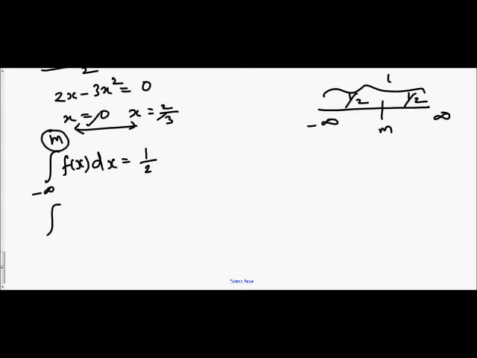So you know what f(x) is. Substitute the values given for f(x), equate the integral to half and find the value of m. It's not going to be very difficult, and in this case the minus infinity has to be substituted with 0 because the function is defined from 0 to 2. So your m value would be somewhere between 0 and 2.